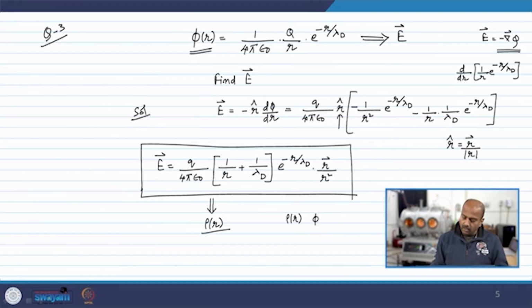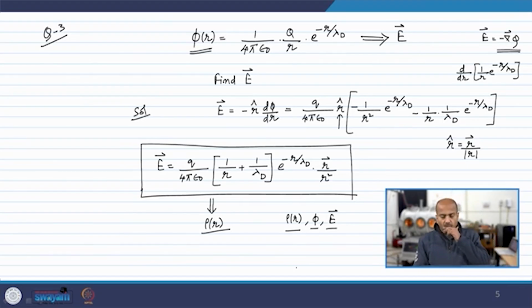We know phi, we know E, the electric field, the potential and the charge density. So, knowing potential, we have calculated the electric field. How can we calculate the charge density?